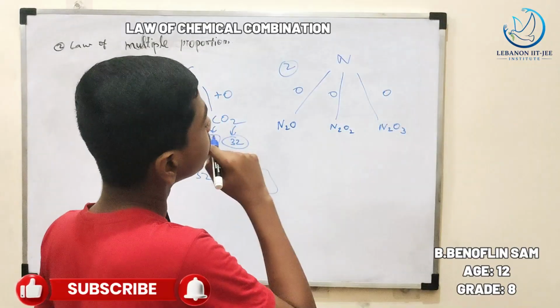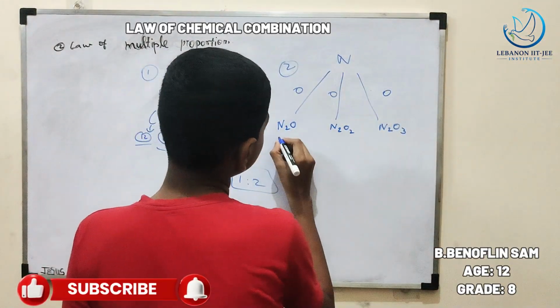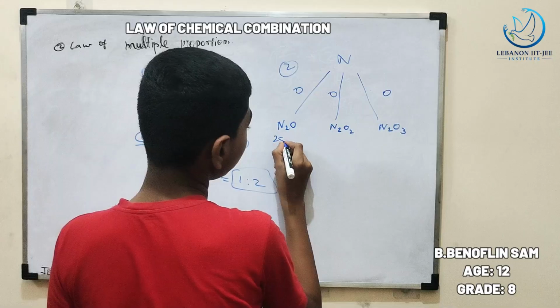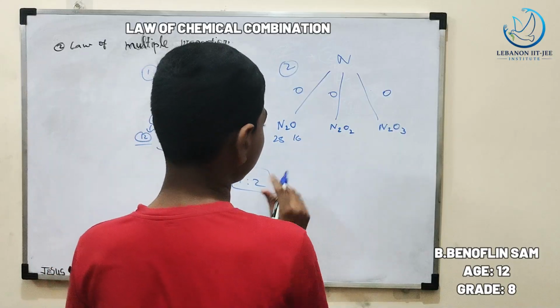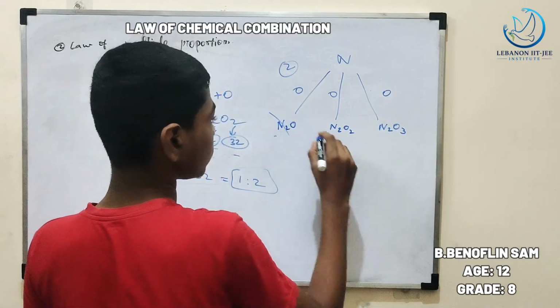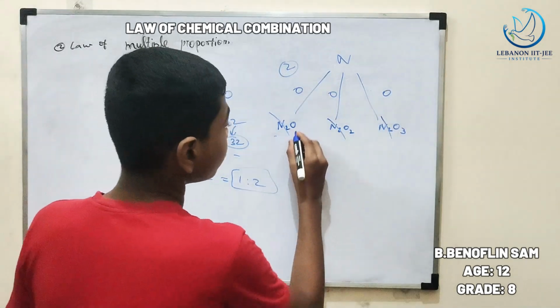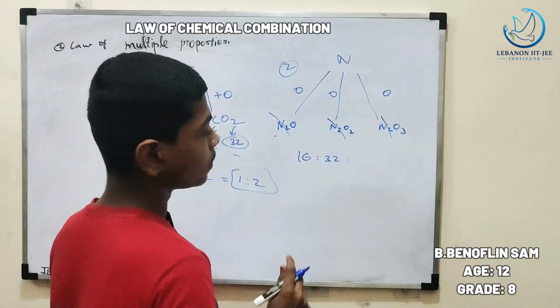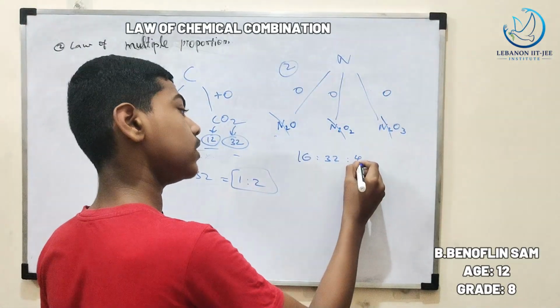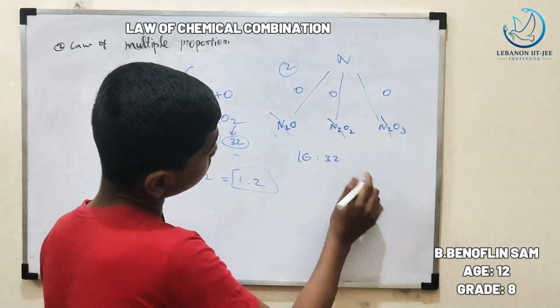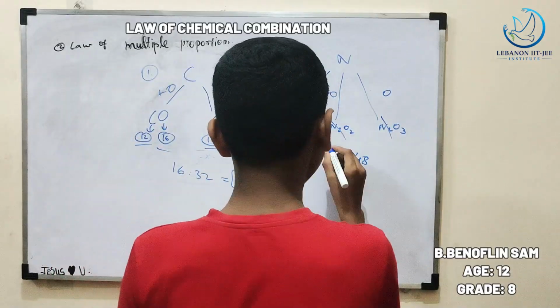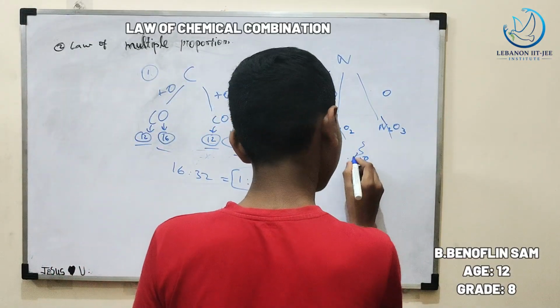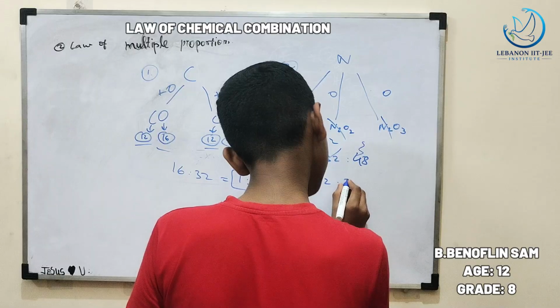Nitrogen is 14, so 28 is common, and oxygen is 16, 32 and 48. Cancel out the common part: 16, 32 and 48 give the ratio 1 is to 2 is to 3.